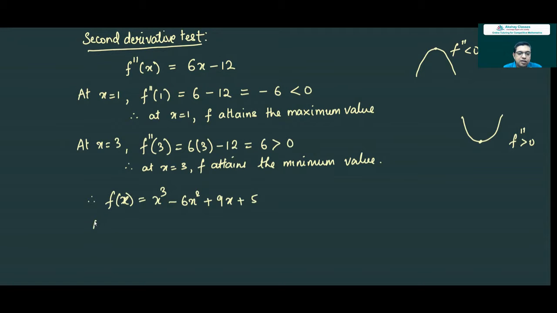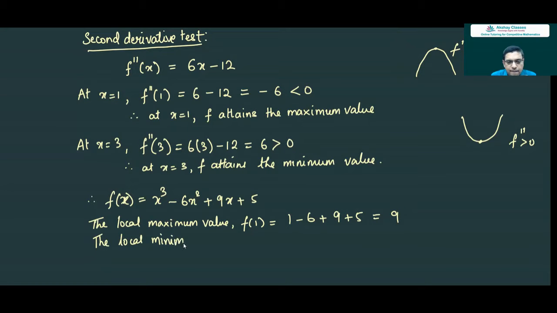So the local maximum value at x equal to 1 is f of 1. Substitute in this: 1 cubed is 1, 6 into 1 squared is 6, plus 9 into 1 plus 5. So 1 plus 5 is 6, minus 6 is 0, you get plus 9. This is the local maximum value.